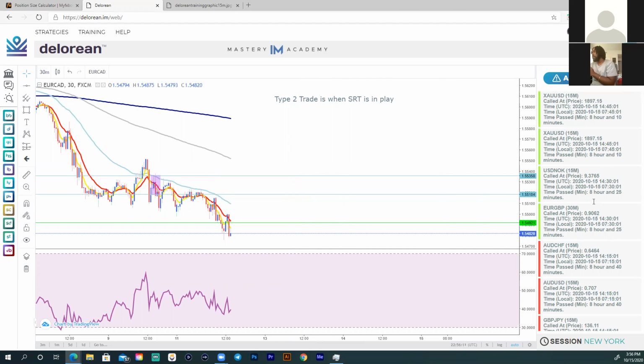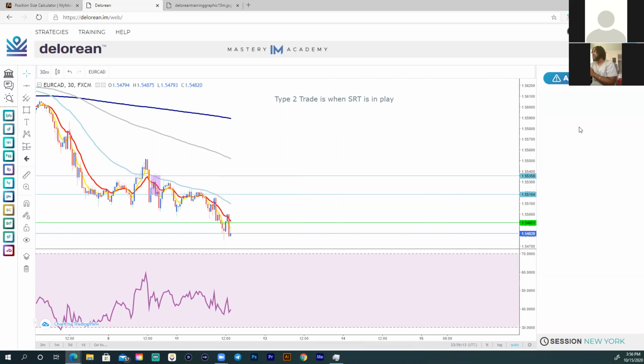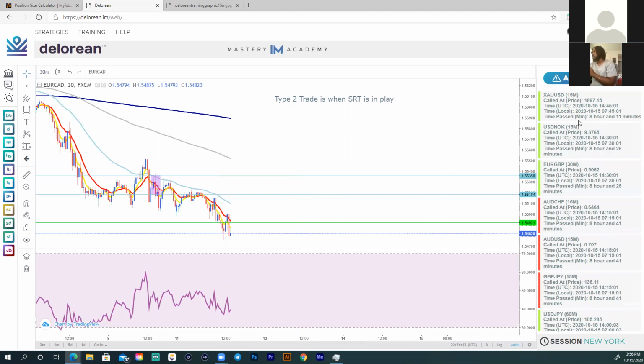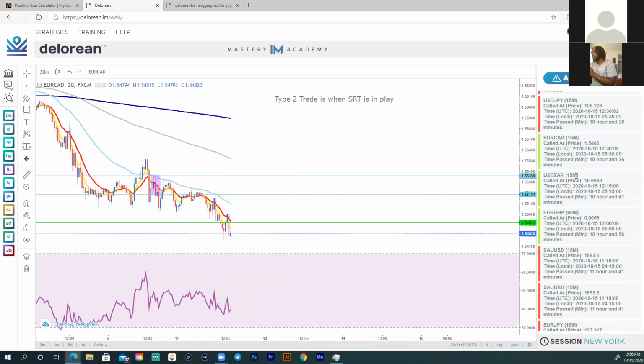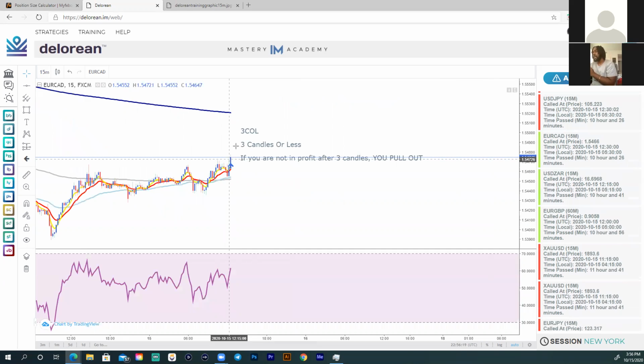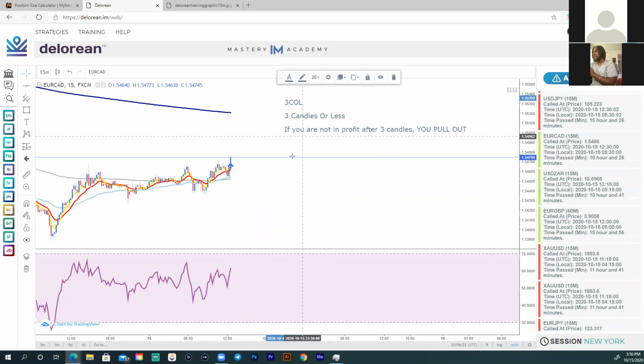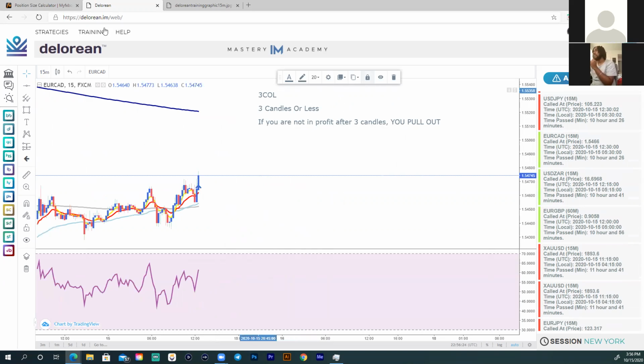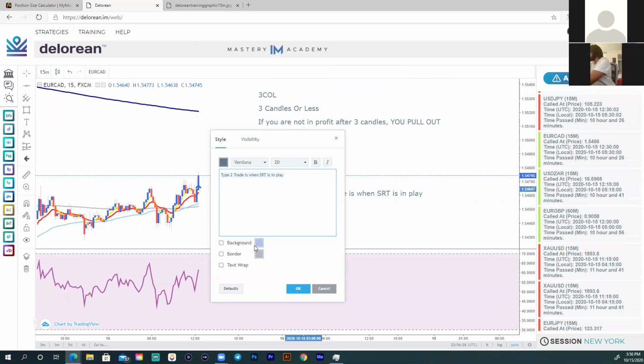All right, if we go back to, where was it? This one. This is a type 1 trade. Type 1 trade is when the EMAs are in play.